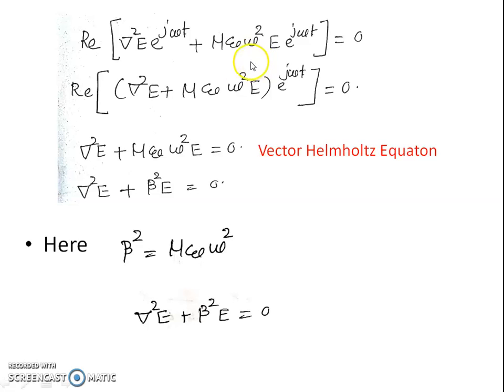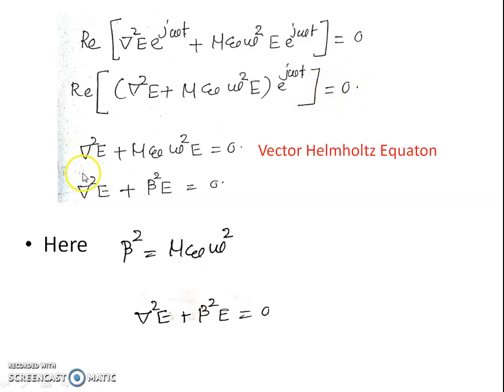From this equation, the real part of del square E plus mu epsilon omega square E into E raised to j omega t is equal to 0. We are taking this E raised to j omega t out, since it is common in both terms. So this equation can be written in this form, that is equal to 0.